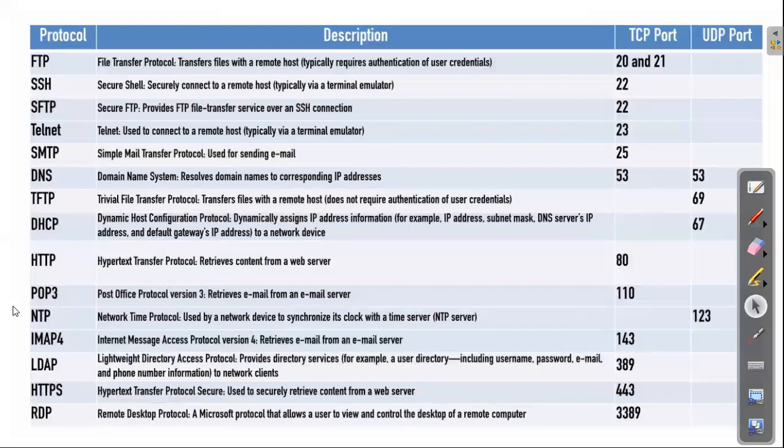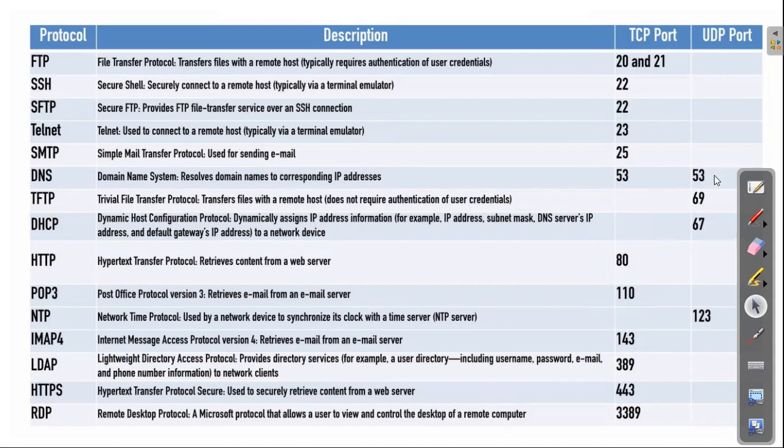You can see some of the protocols and the particular related port, TCP port or UDP port. FTP always uses 20 and 21, SSH 22, SFTP 22, and Telnet 23, SMTP 25, like that, right?